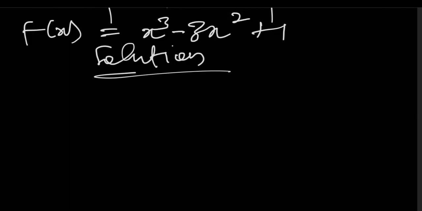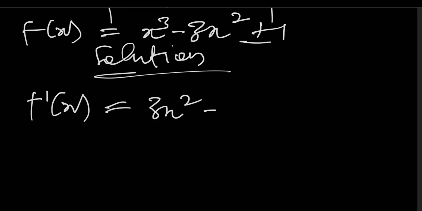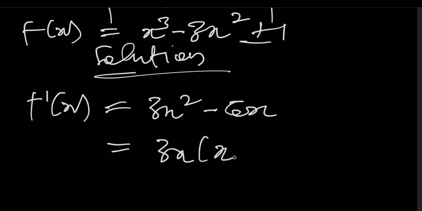To tackle this, we have to differentiate it. The derivative of this function will be 3x squared minus 6x, which can be written as 3x times x minus 2.